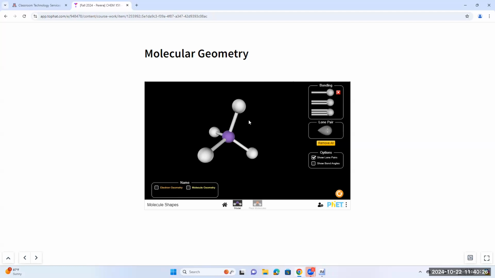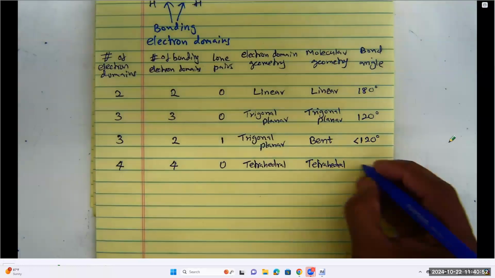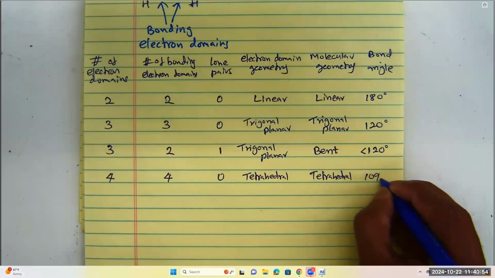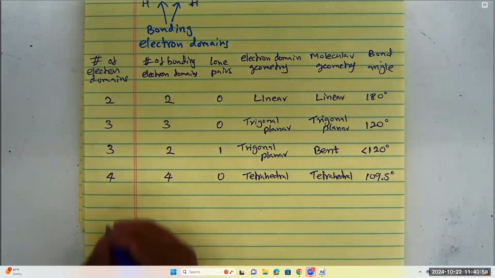Does anybody know the exact angle? 109.5 degrees. It's a weird one, but whenever we have tetrahedral geometry, the bond angle is 109.5 degrees. So let's make a note: 109.5 degrees.